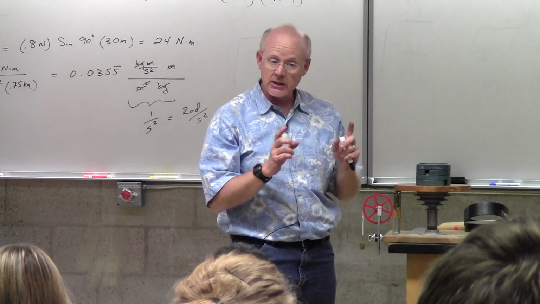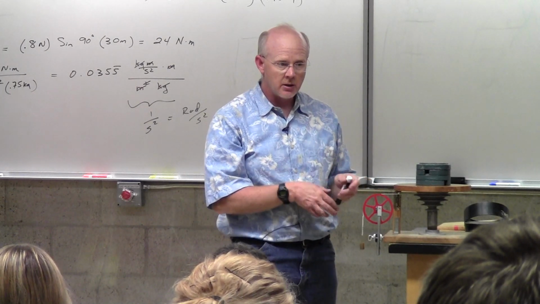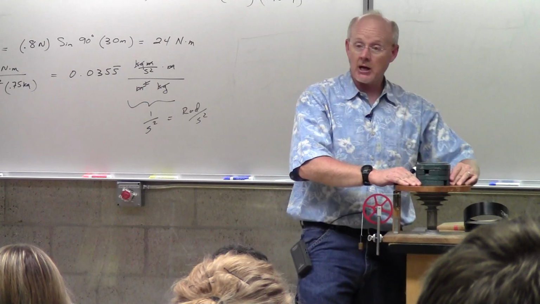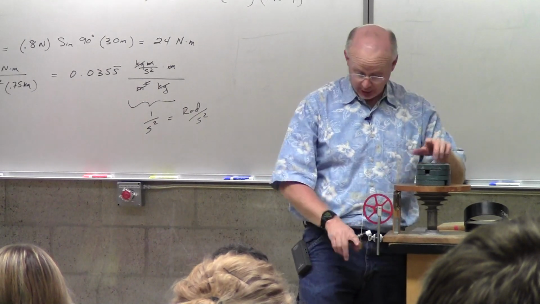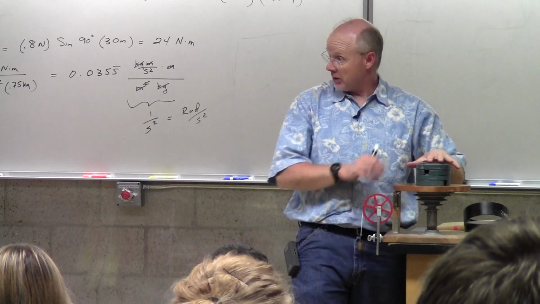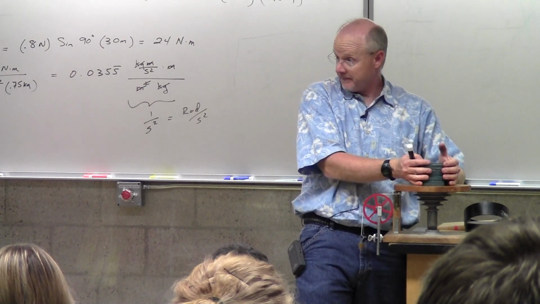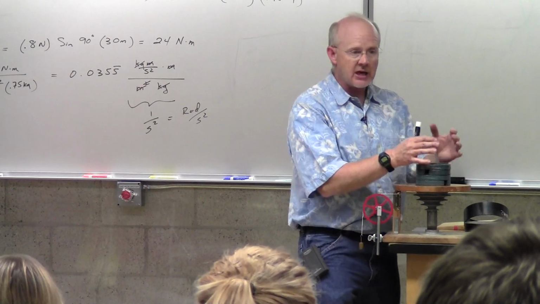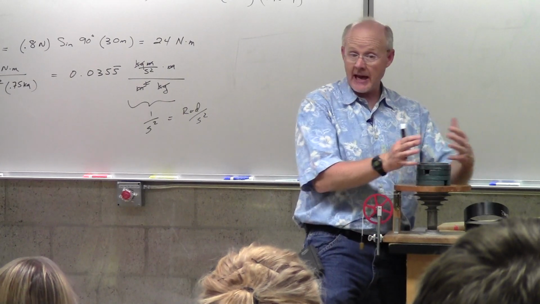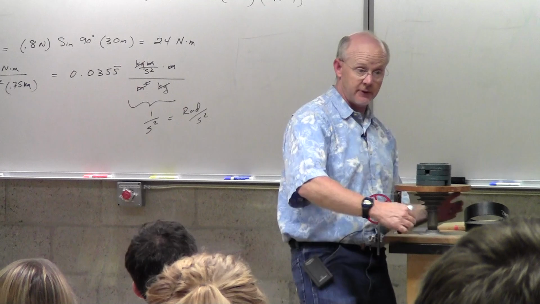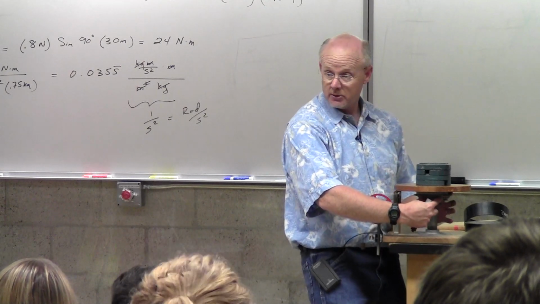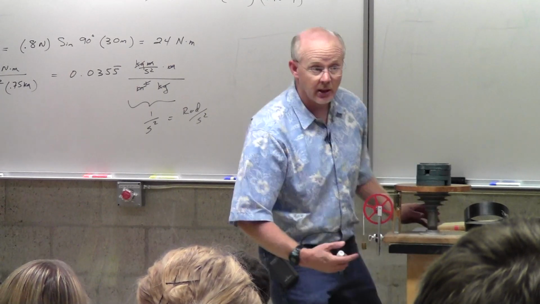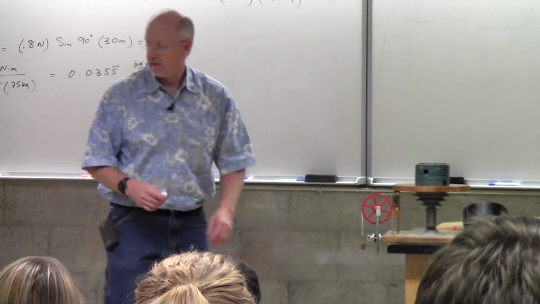Notice they said little m and little r because the object on top has mass, and I don't want you to confuse these two masses. So let's call this capital M and this little m. The object on top also has a radius, so let's call this capital R, not to be confused with the spool, little r.